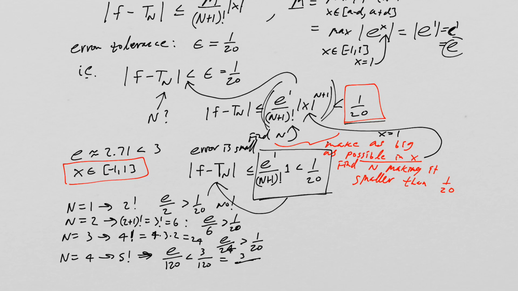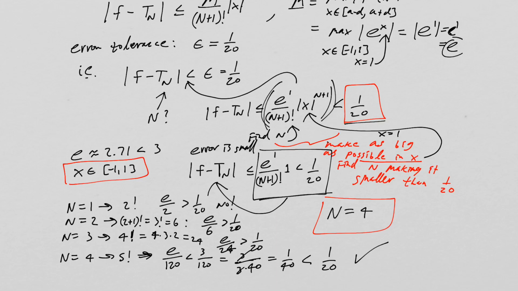How about we do 3 times 40? The 3's cancel, and we're left with 1/40th, which is in fact less than 1/20th. So that's what does it. So n equals 4 is the correct answer in order to ensure the accuracy that we want.